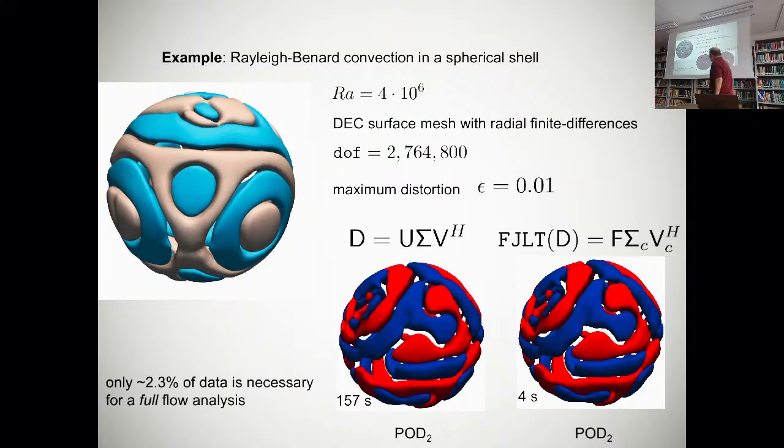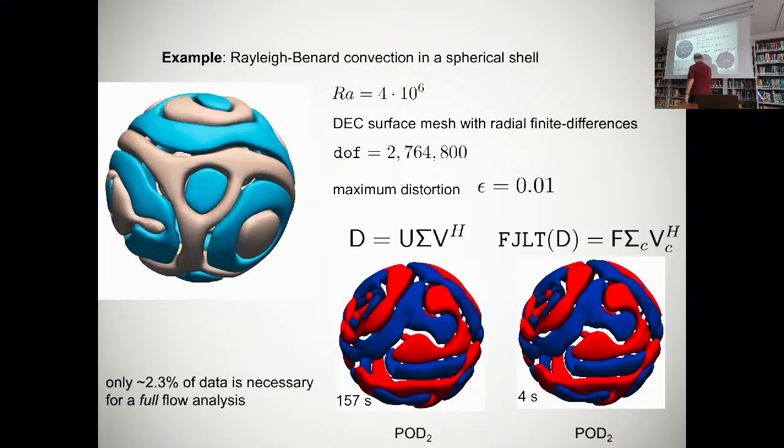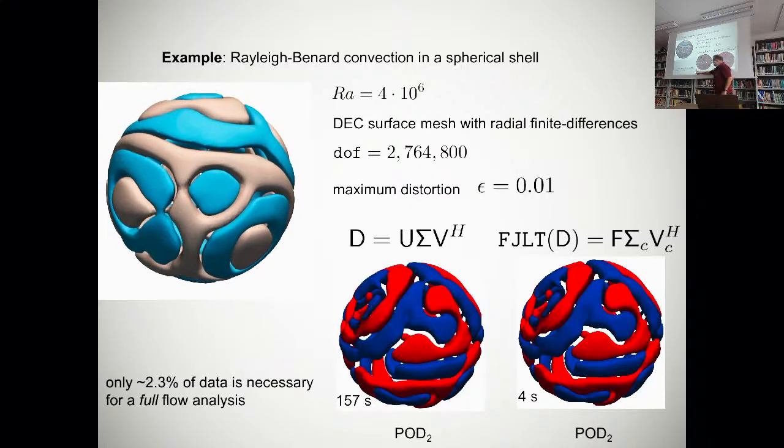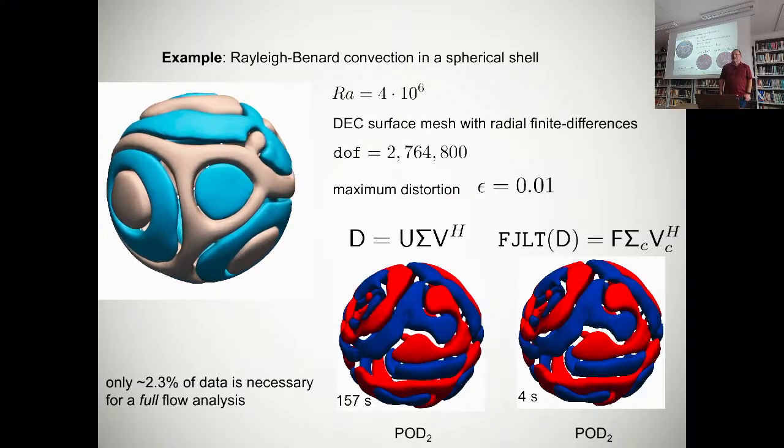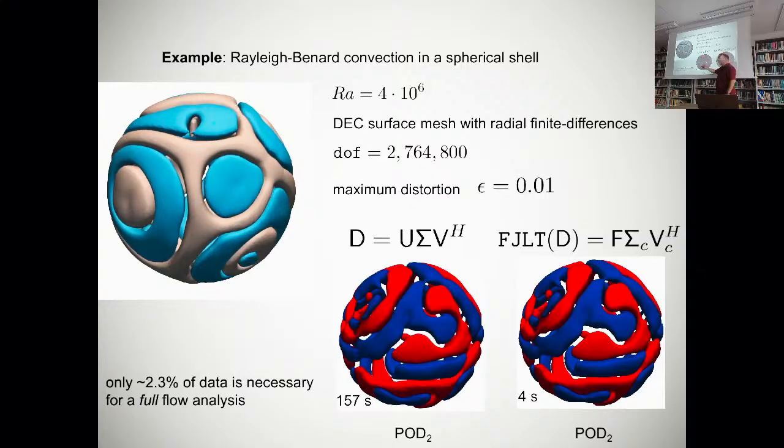Now, if you do a regular POD on that, it takes 157 seconds to get this mode here. If you do it compressed with the fast Johnson-Lindenstrauss transform, the FJLT, on exactly the same data, you get this one in 4 seconds on only 2.3% of the data. That's only what is needed to produce this POD mode.